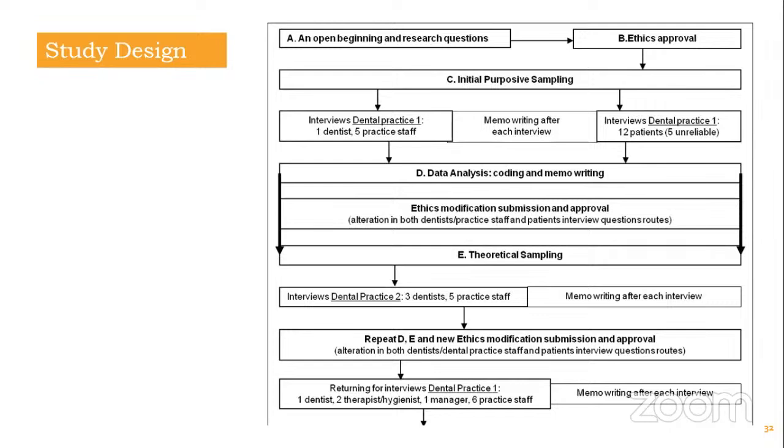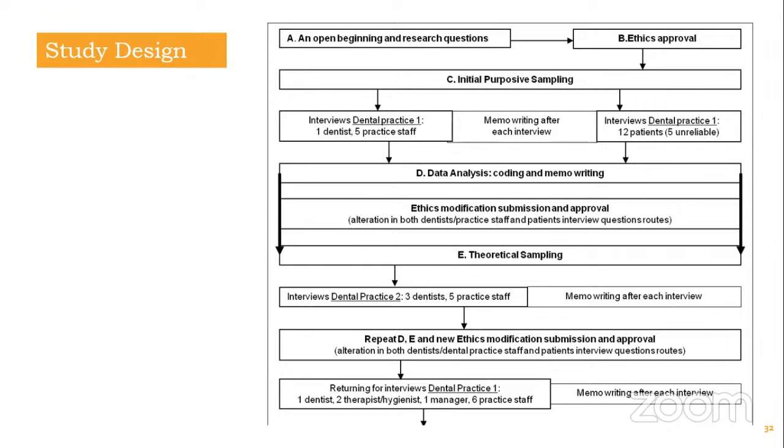Memo writing was done after each interview. This was the initial memo that was developed. And they also interviewed 12 patients, 5 of which were unreliable in this case. So they also kept a note of this particular fact.